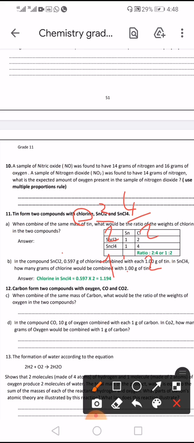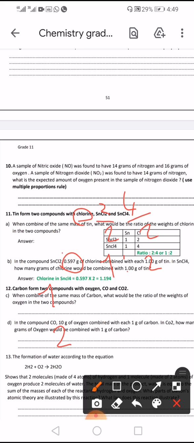Right? In the first compound SnCl2, we have the mass of chlorine 0.597, combined with 1 gram of tin, and in the second compound how many grams of chlorine? We want to calculate how many grams of chlorine. So in the first and second compound, the ratio of chlorine is 1 to 2.